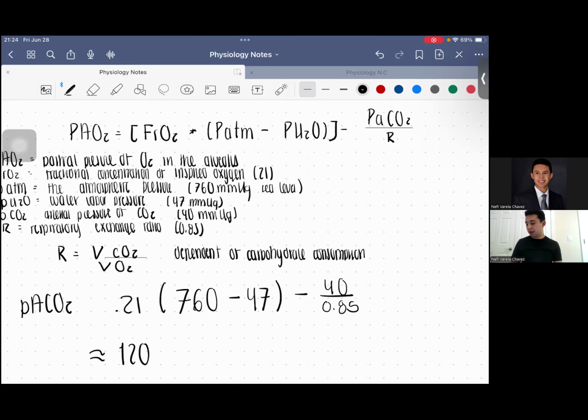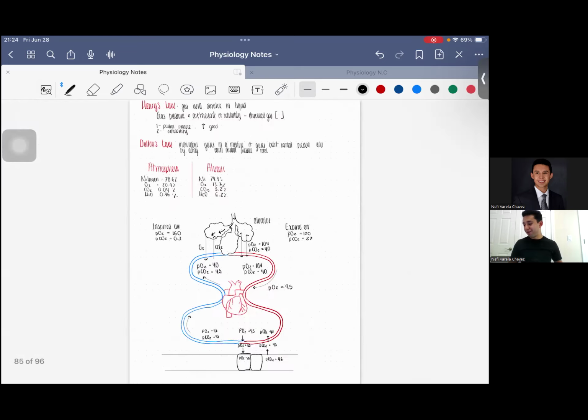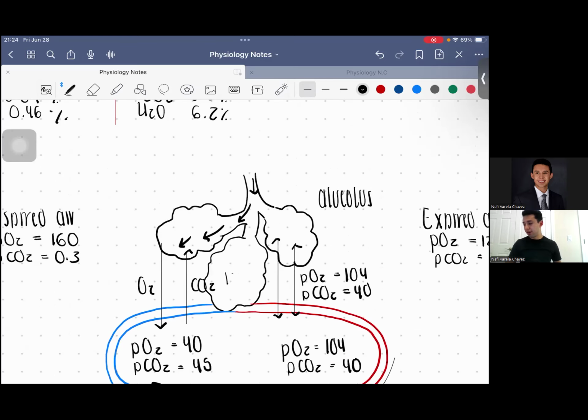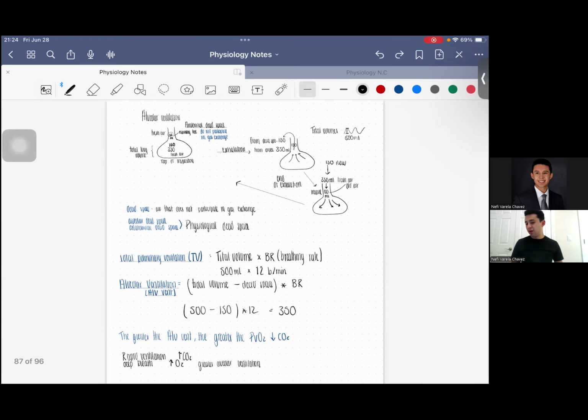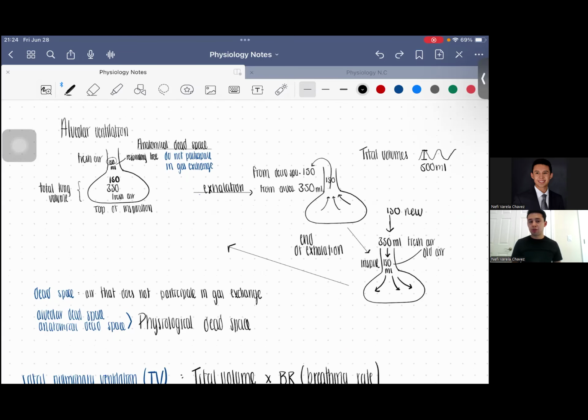Okay, so I plug the numbers in here. So 0.21 times 760 minus 47 minus 40 over 0.85, and we're gonna have about 120. That is the number that I gave you here. Pretty cool, right?